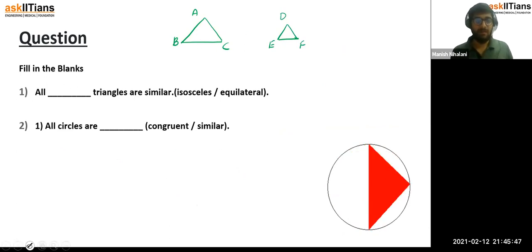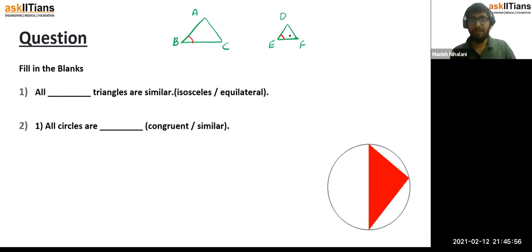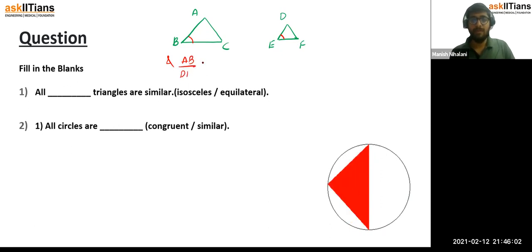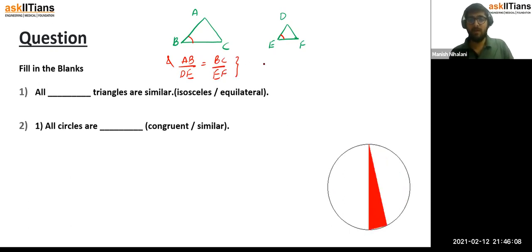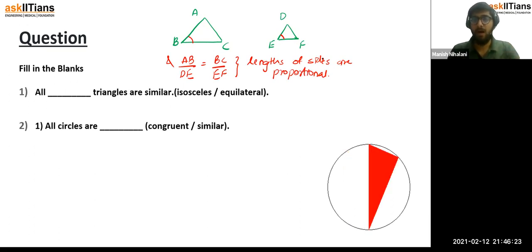Now if angle B is equal to angle E, and AB upon DE is equal to BC by EF, which means the lengths of sides are proportional, then we say these two triangles are similar triangles. These two polygons are similar polygons, right?